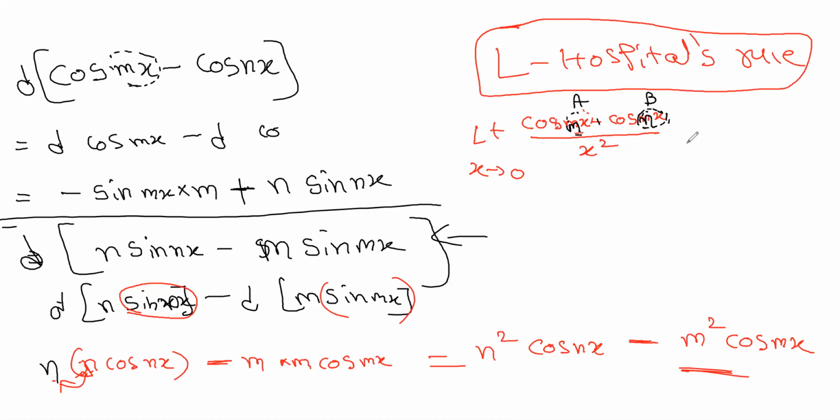So here it is of the form cos A minus cos B. Now we have one formula for it. What is cos A minus cos B? Remember? If you substitute A as mx, it comes as again the same form itself.